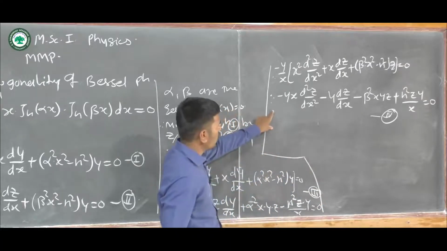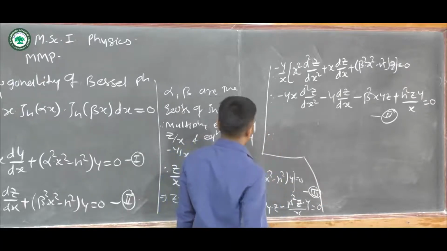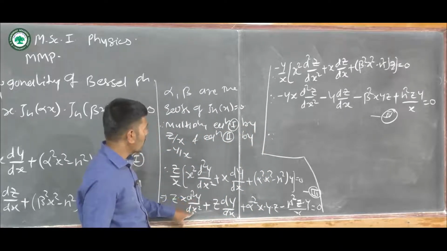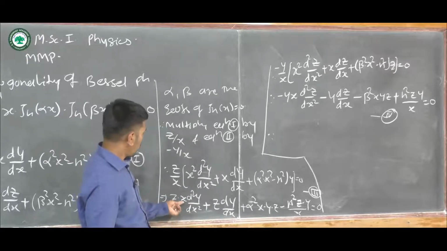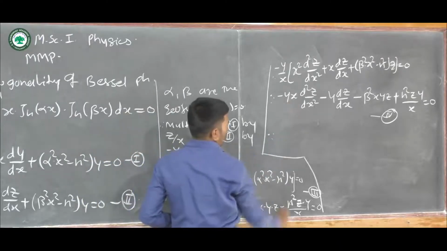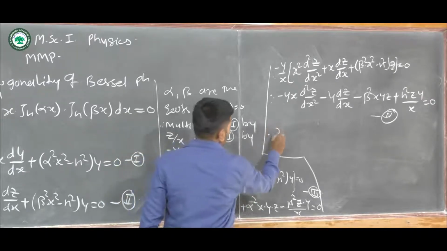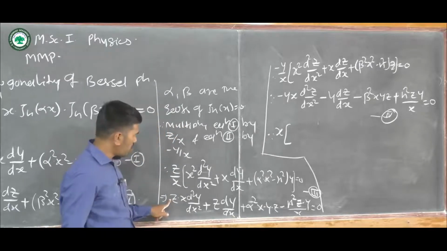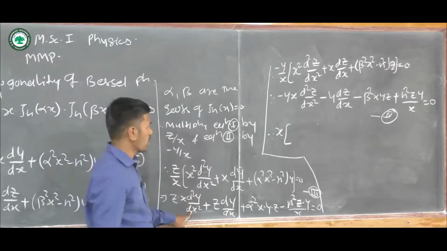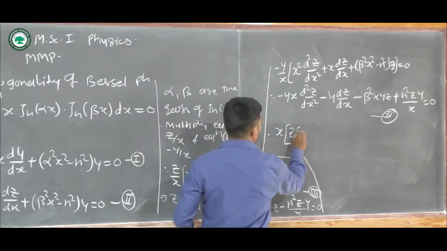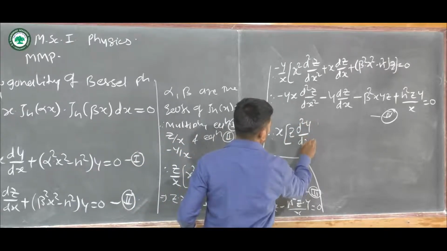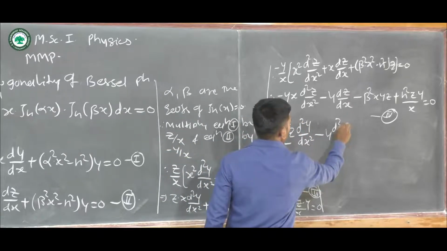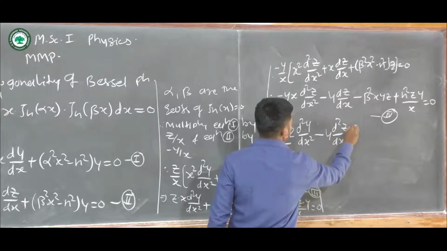If I add these two equations, the expression is z x d square y by dx square, and here is also x, so I take x common. The first term is z into d square y by dx square, minus, with the minus sign, y into d square z by dx square.